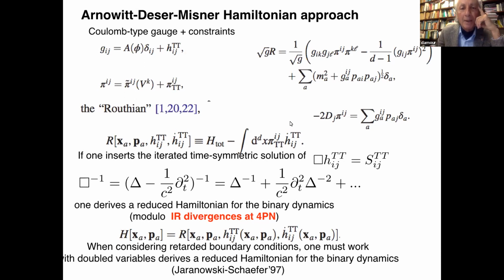Now, let me just say quickly that in the Arnowitt-Deser-Misner approach, this is the Coulomb type gauge you use. And then if you want to find a conservative Hamiltonian, you solve the equation for the gravitational wave degrees of freedom, which are part of the dynamics here, h^TT, transverse traceless, by using the iterated time symmetric Green's function.